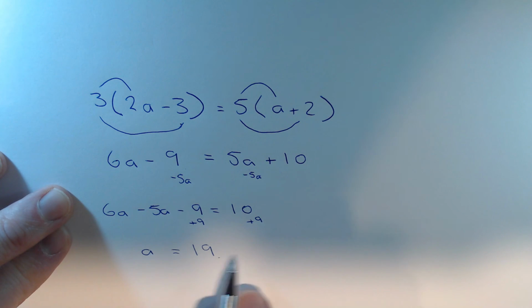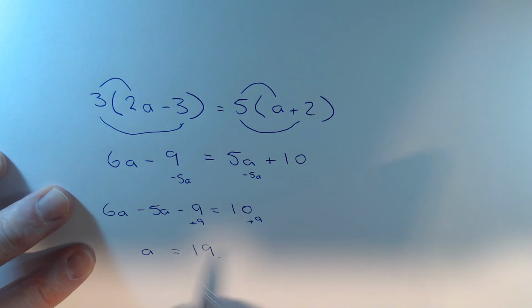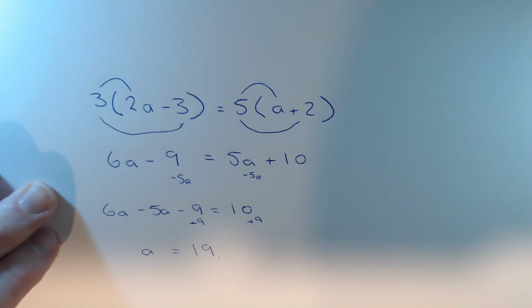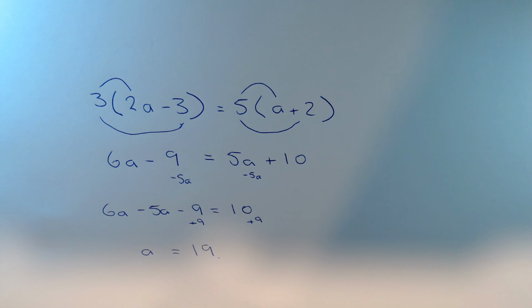So we have our answer: a is equal to 19. That was an example of solving equations where there's brackets on both sides. What you need to do is expand the brackets before you group like terms, simplify, and then solve.